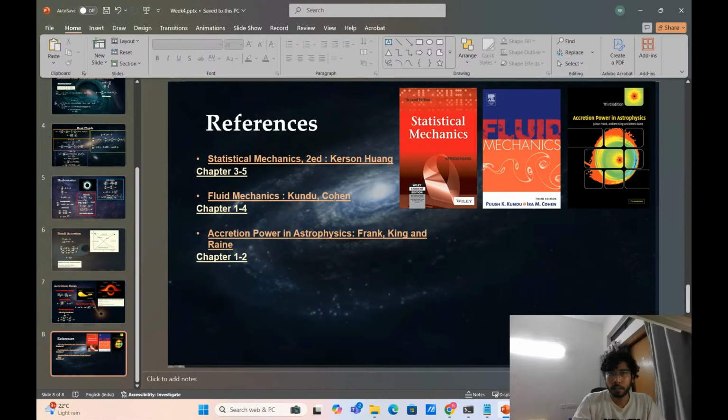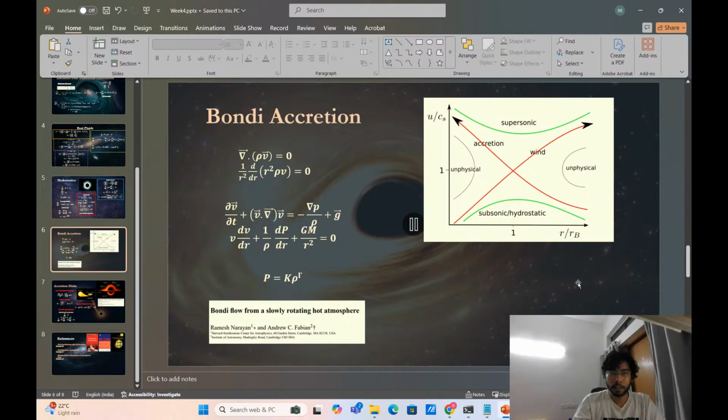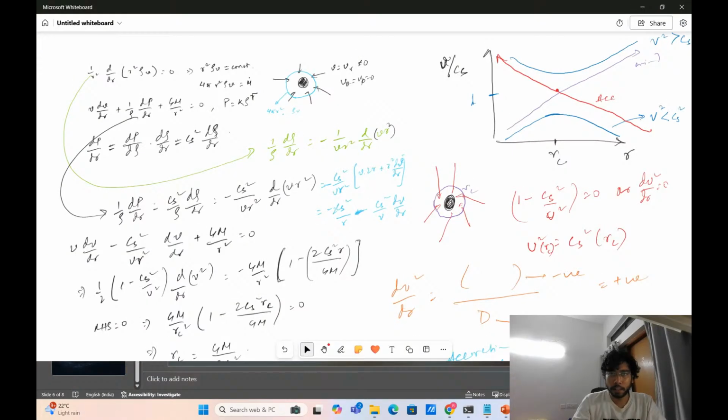At least in the notebook, maybe try to have a look at this again and derive this. I skipped a few steps over here, but if you do it carefully, we'll get to this.